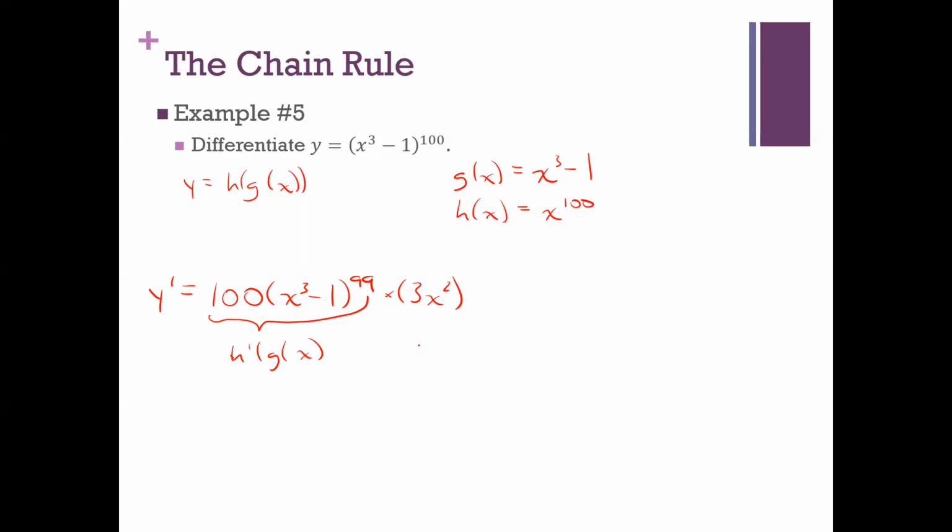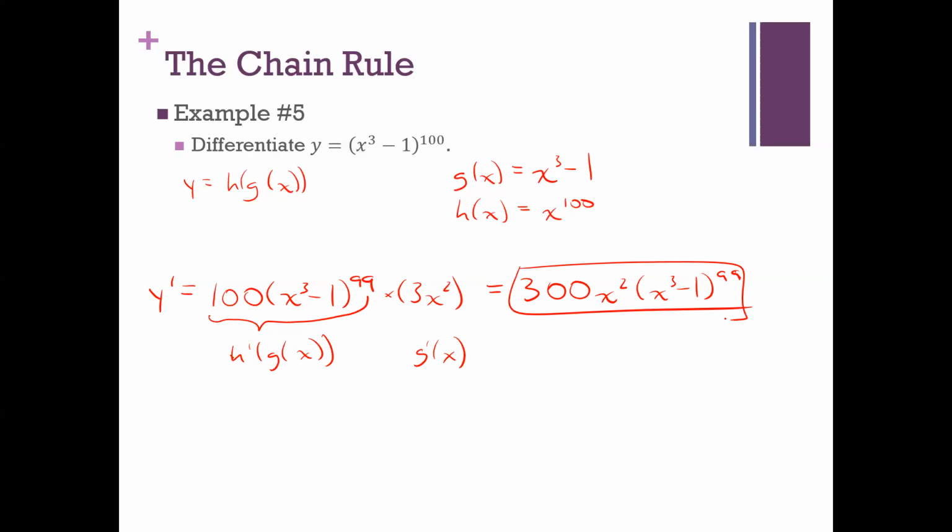And this to me looks like g prime of x. Take one attempt to simplify this, get 300x squared times x cubed minus 1 to the 99th. Any questions on this one?